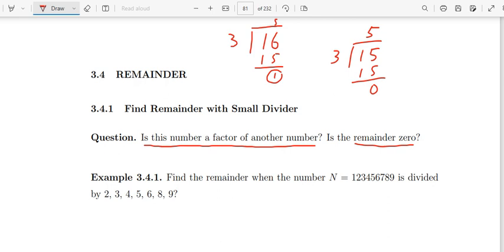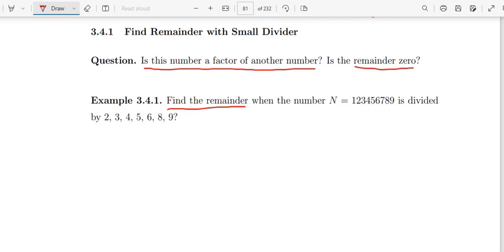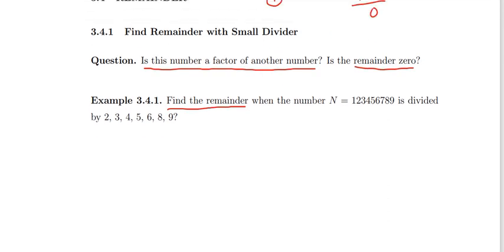We want to find the remainder when this number is divided by some other number. So let's check this problem, dividing by those small numbers, like 2, 3, 4, 5.